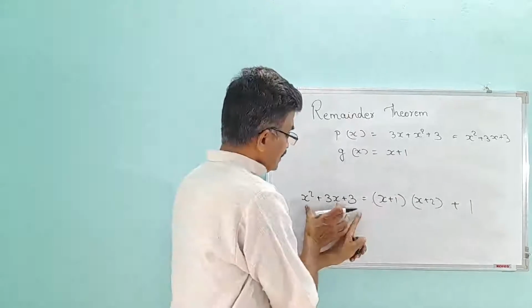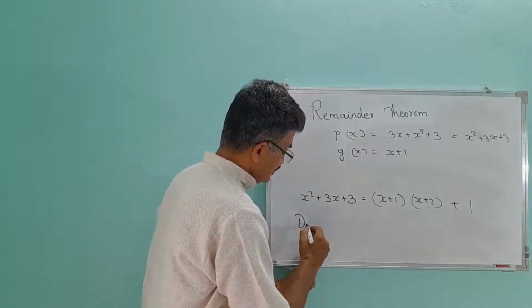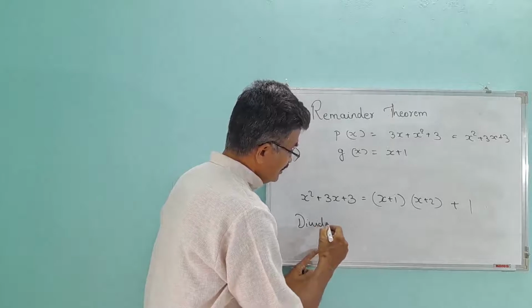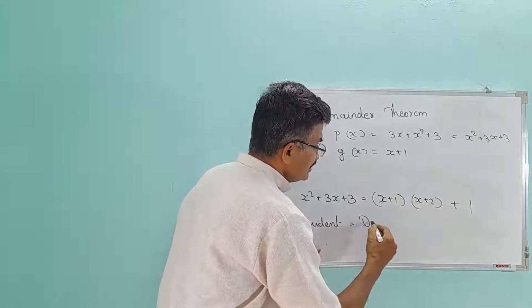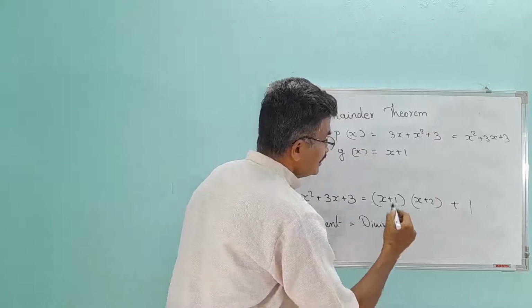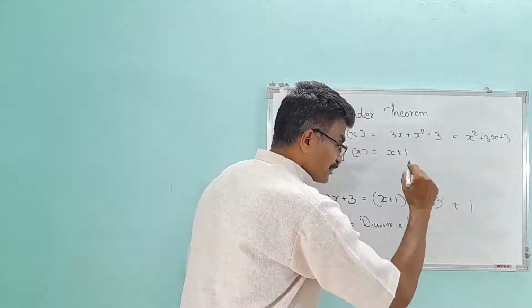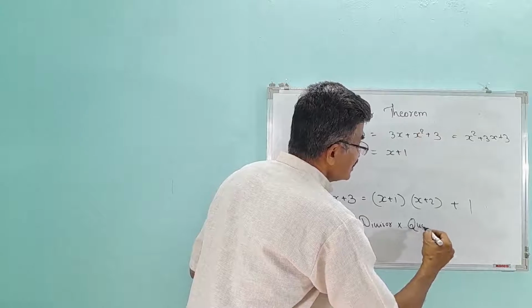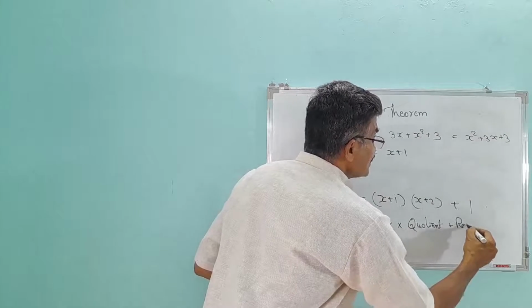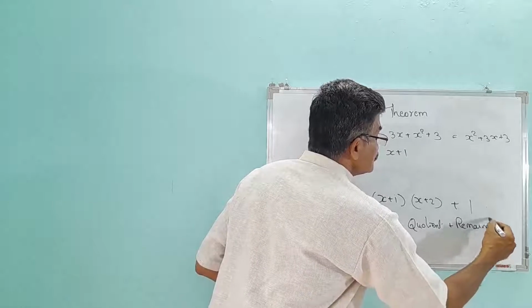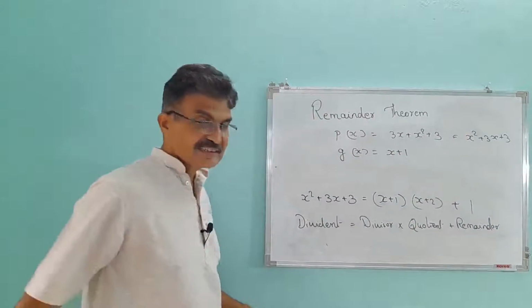This is the dividend, the divisor into x plus 2, that is the quotient, plus 1, the remainder. Am I right?